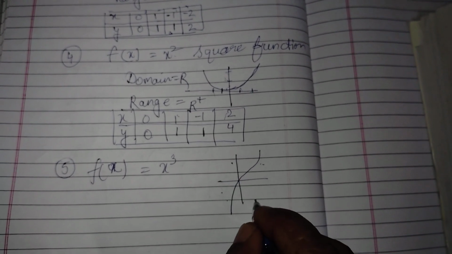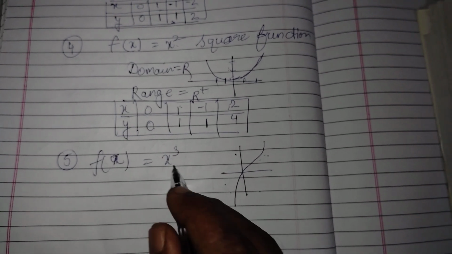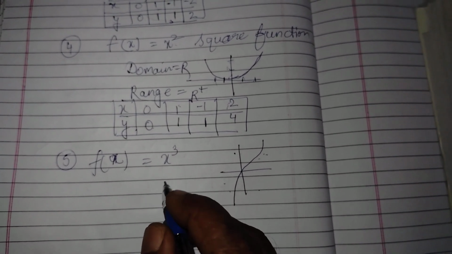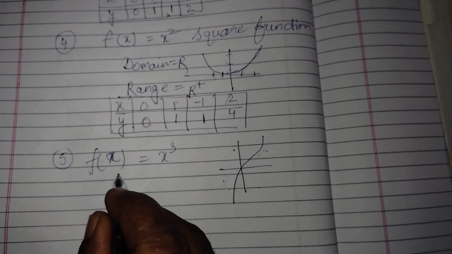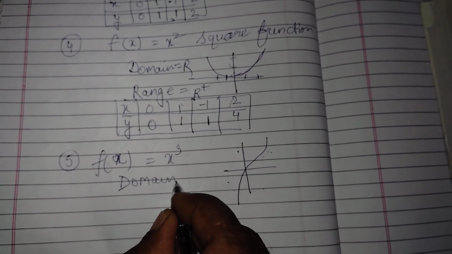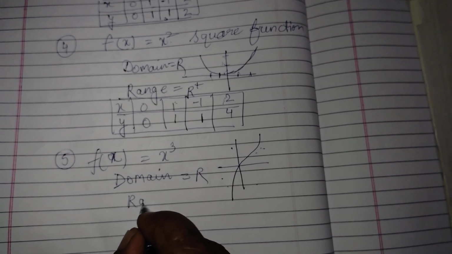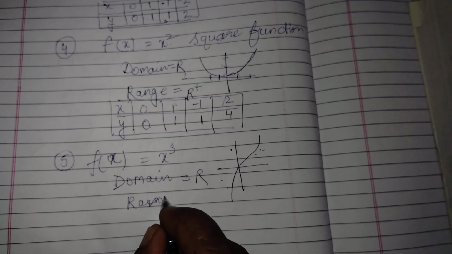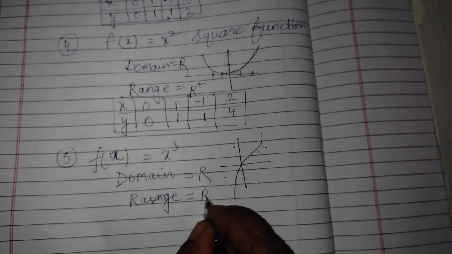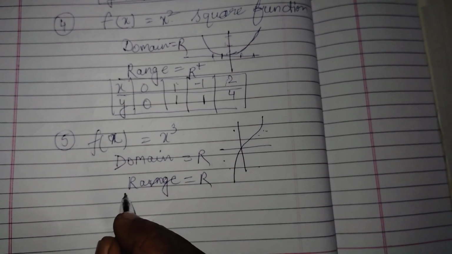First, second, third, fourth quadrants are there, and the first and third quadrants are covered by the cubic function. Domain means I can put every number, so R is the domain, and the range for this cubic function is also R. I can get negative as well as positive values.